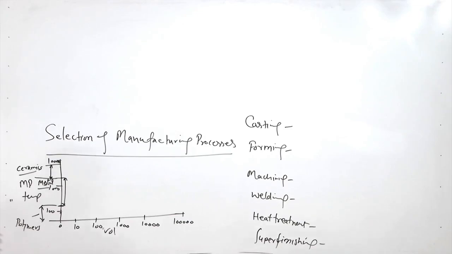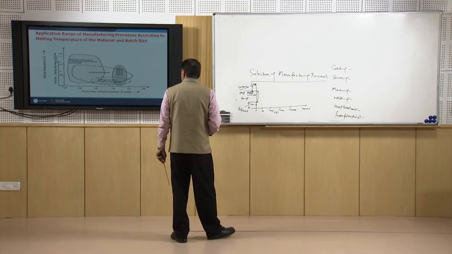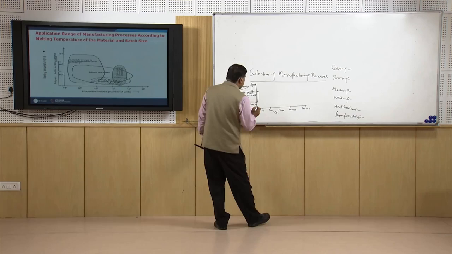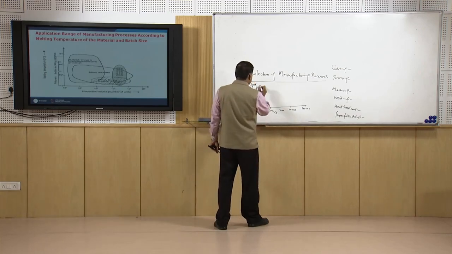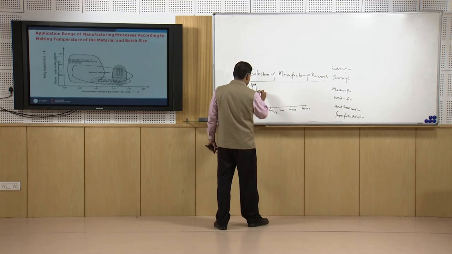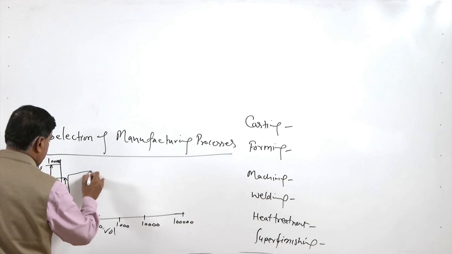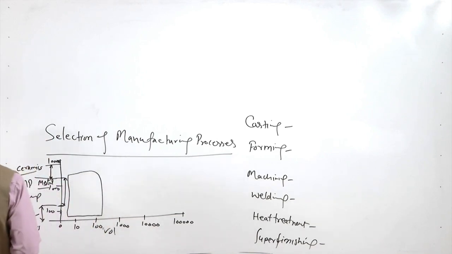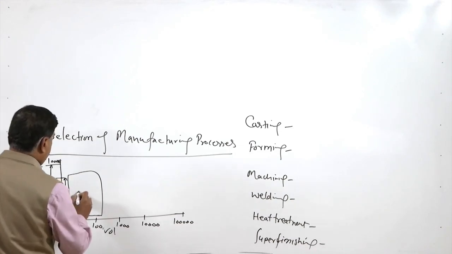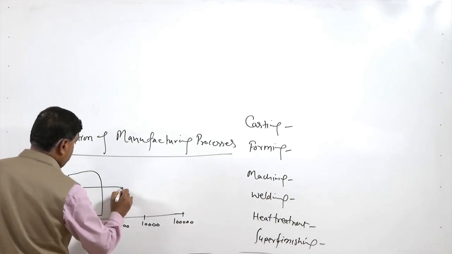So, if we see this diagram, the machining processes are good for the smaller volumes. This is the rough band for the machining processes. For joining processes, it is slightly longer.